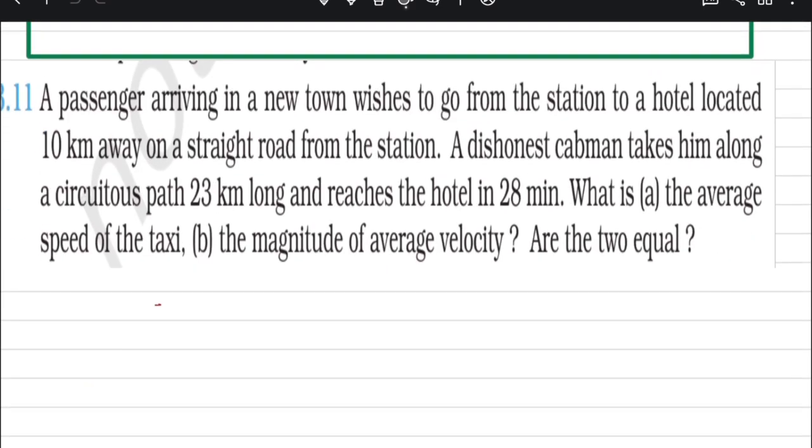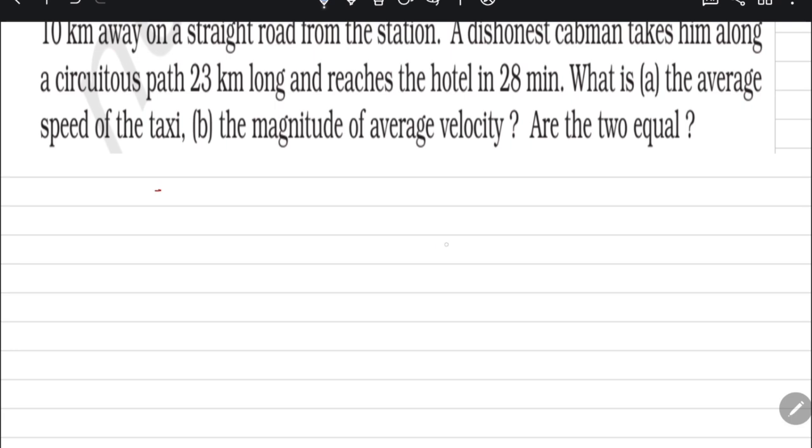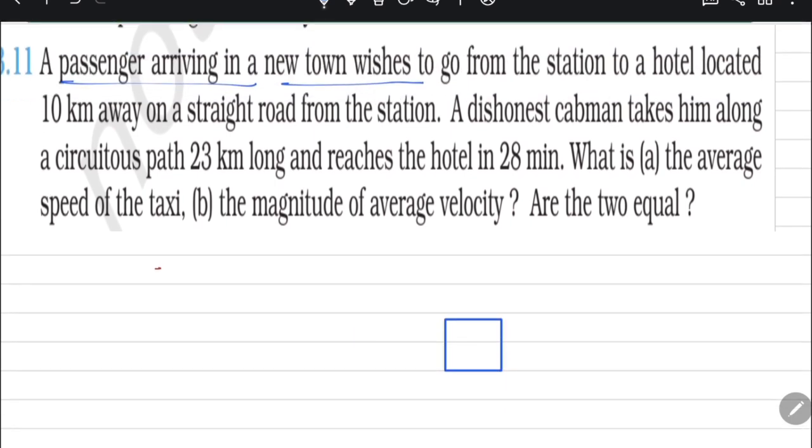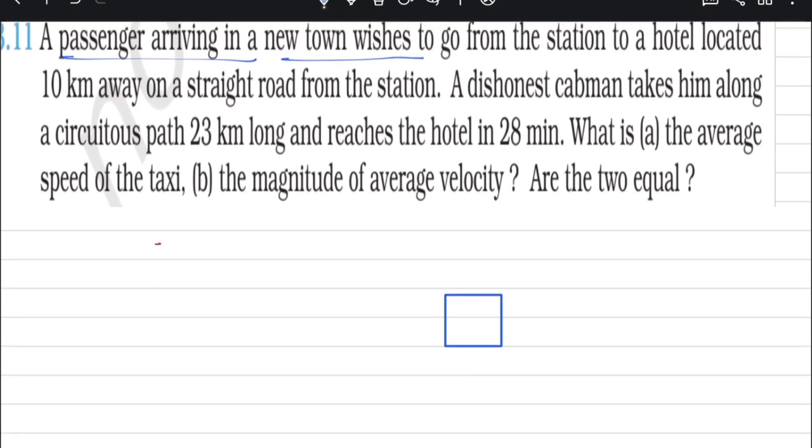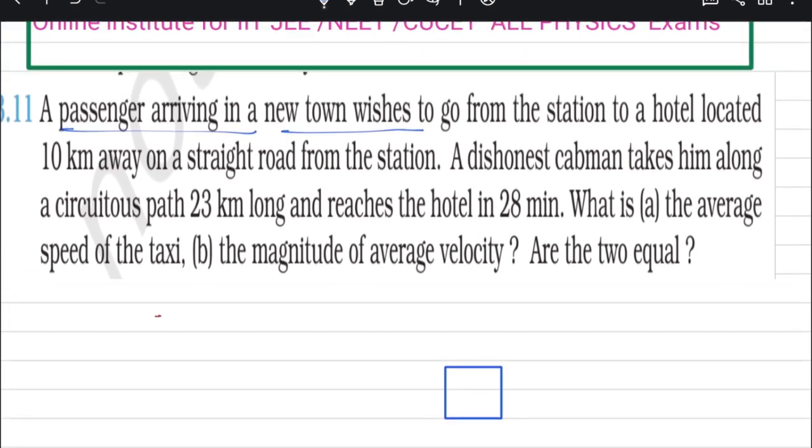Right, this is a good question. A passenger arriving in a new town wishes to go from the station to a hotel located 10 kilometers away.